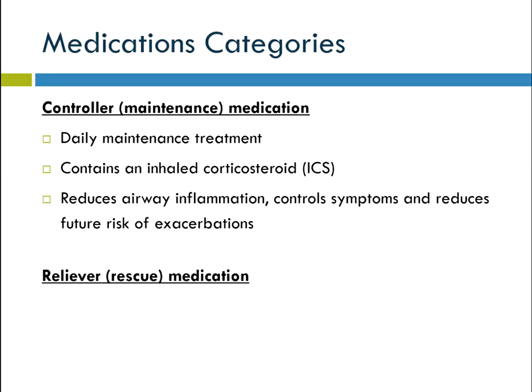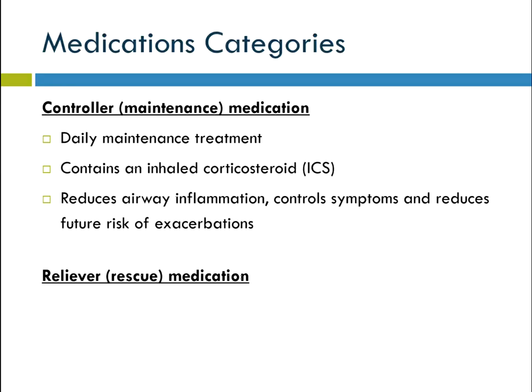The maintenance inhaler is going to reduce airway inflammation. You guys talked about this yesterday from pulmonary physiology. The airways are inflamed and the inflammation is what's causing the constriction. These are going to maintain a reduction in that inflammation. Make sense? Give me 1 second. They're also going to control their symptoms over a longer period of time and reduce the risk of future exacerbations.